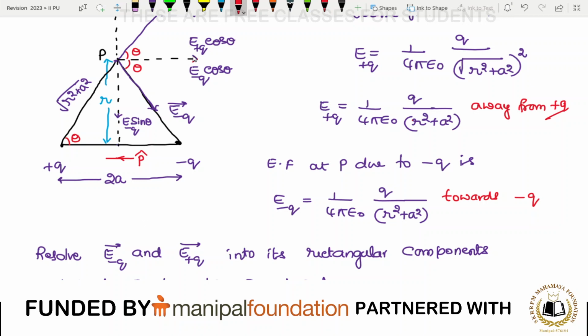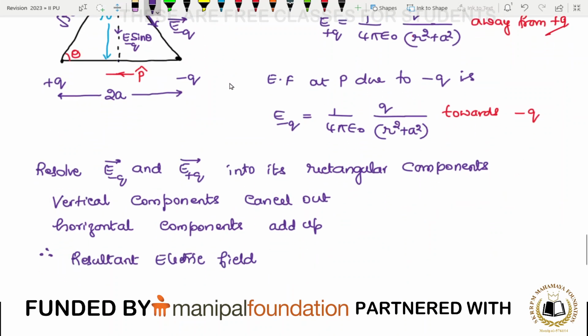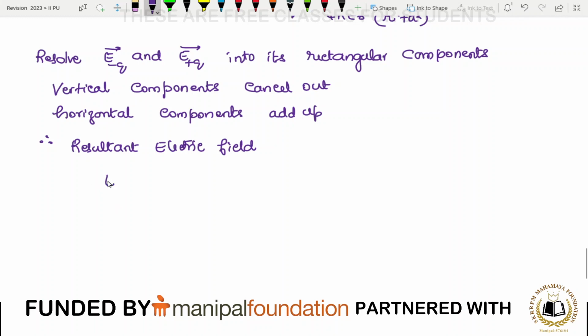Now this direction of the electric field and this direction of dipole moment both are opposite, and these two components are in the same direction. We'll add these two. E plus Q cos theta and E minus Q cos theta will add. So I write here in vector form. It becomes E plus Q cos theta plus E minus Q cos theta.